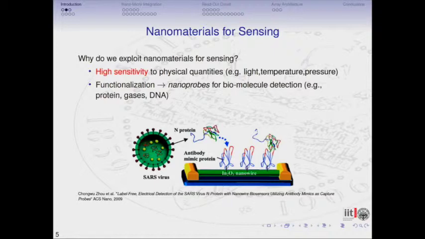For example, to detect proteins or other biomolecules, or to detect specific gases.